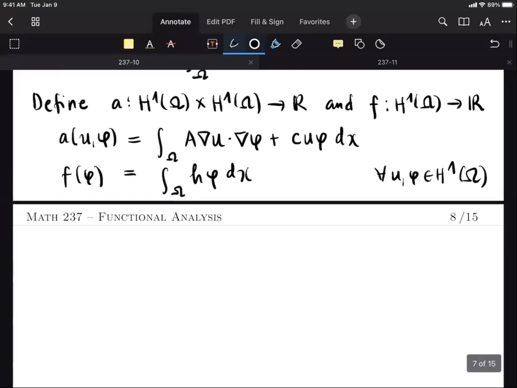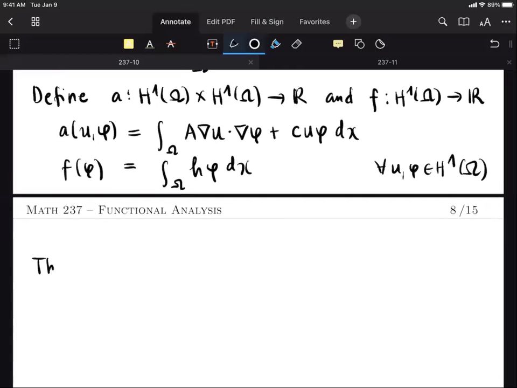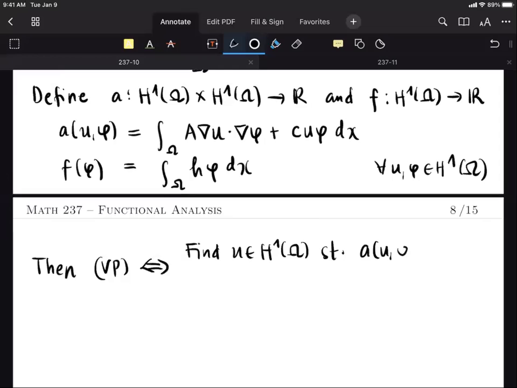Having these forms, our variational problem is equivalent to the following. We would like to find a u in H1(Ω) such that A(u, phi) is equal to F(phi) for every phi in H1(Ω).